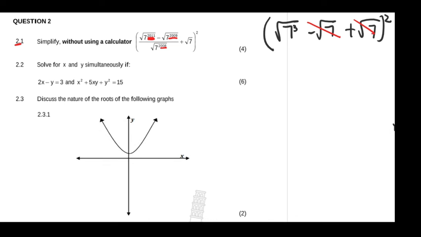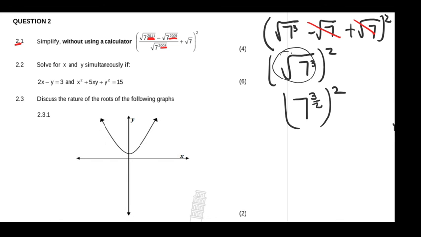So these will subtract each other, and then you remain with the root of 7 to the power of 3 to the power of 2, right? And then you need to write this in exponential form. So it's 7 to the power of 3 over 2 multiplied by 2, and then this 2 will divide out this. You have 7 to the power of 3, which is equals to 343, if I'm not mistaken.